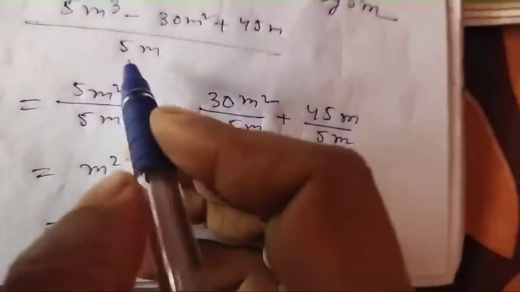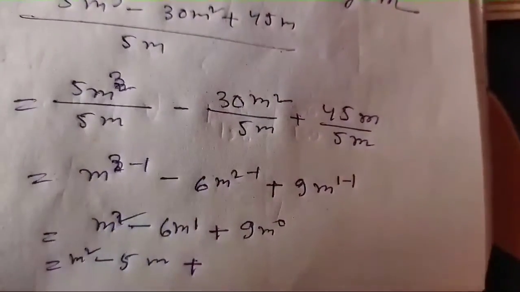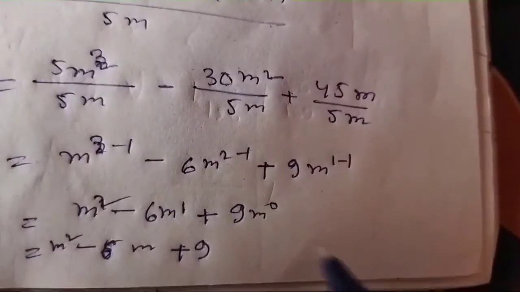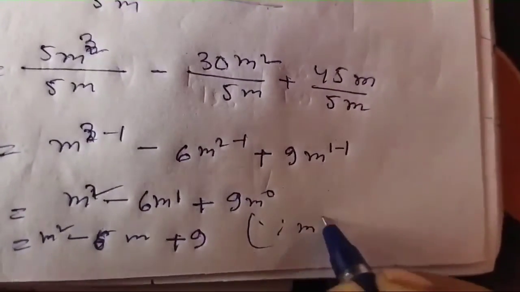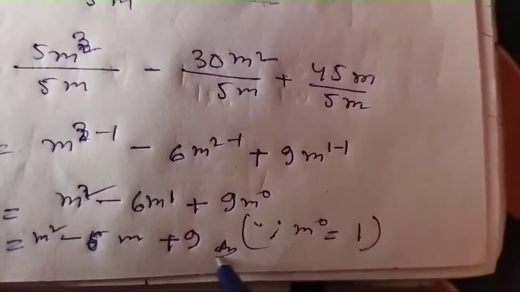This is your m square. So 3 minus 1, 2: m square minus 6m plus 9. Since m to the power 0 is equal to 1. This is your answer.